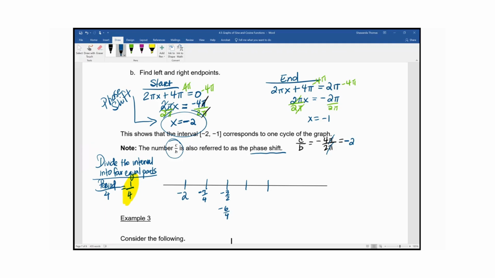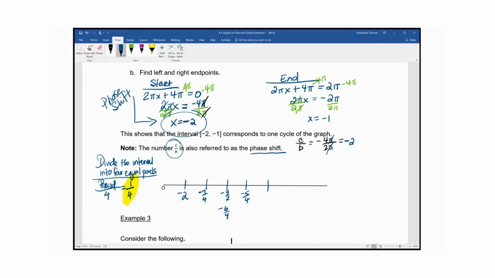If we add 1/4 to -6/4, what do we get? -5/4. And then hopefully, what do we want the end point to be when we add 1/4?